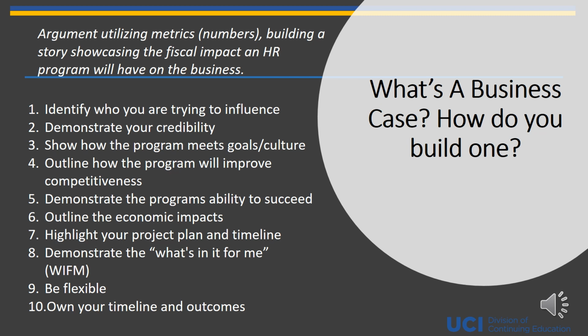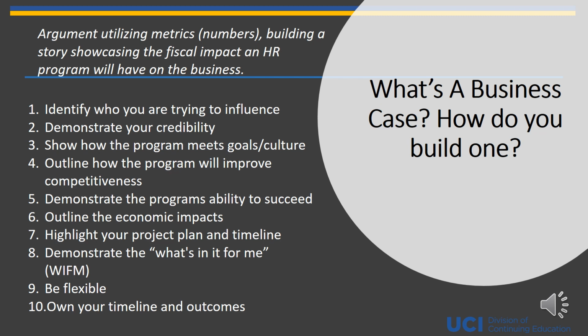Next is you've got to demonstrate your credibility. If you are not credible, if you are not using strong numbers and you don't have a very succinct case, or you've had a history of using fluffy feelings and not numbers that are more objective versus subjective, you need to change that right away.